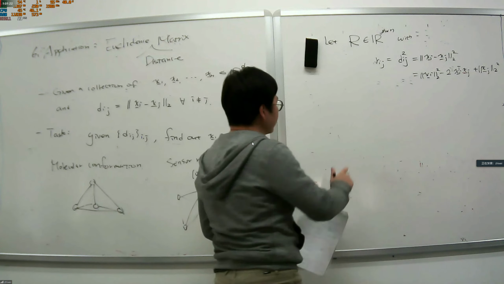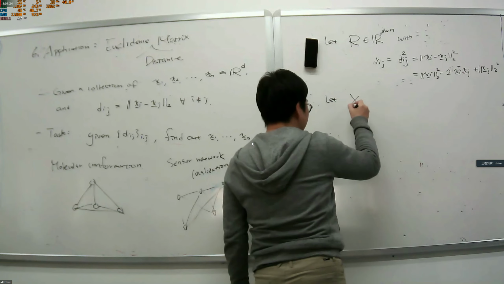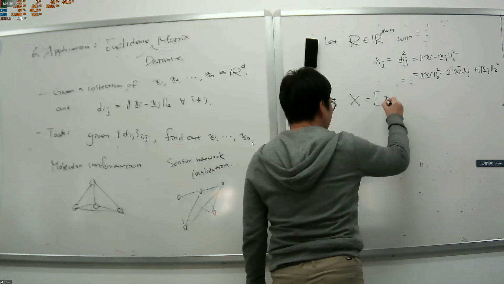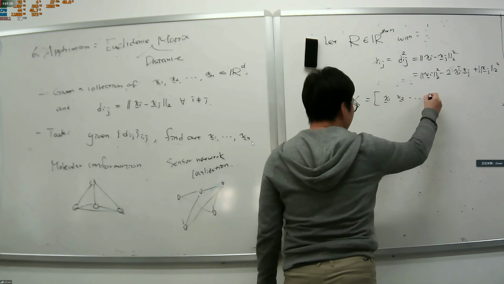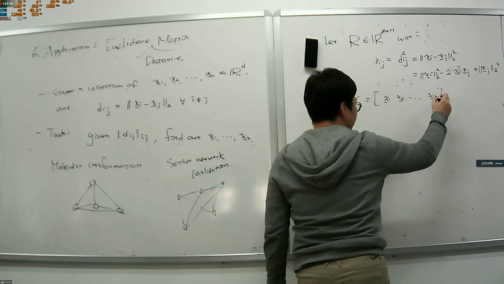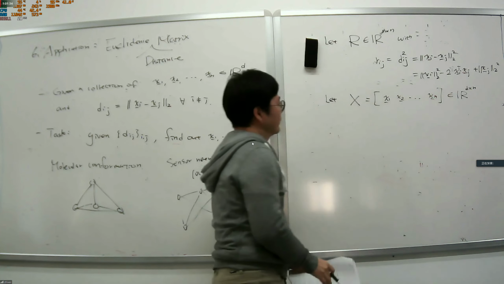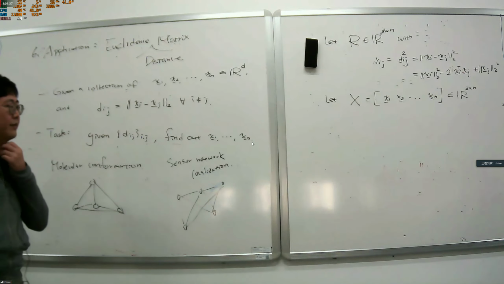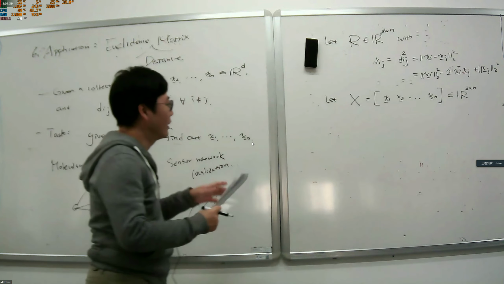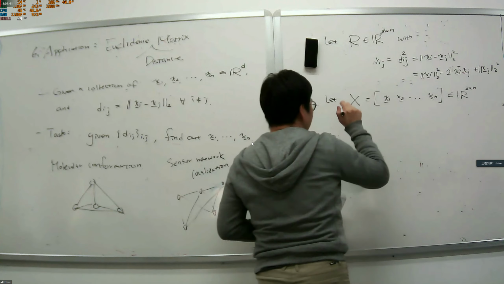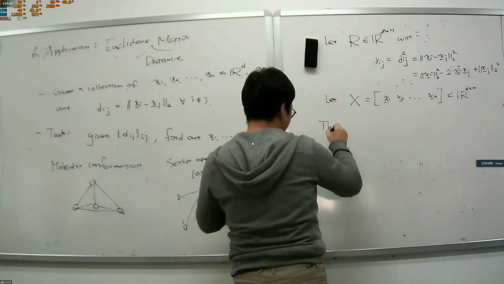We let X collect x1 to xn. Then you can check by yourself, it's quite easy.